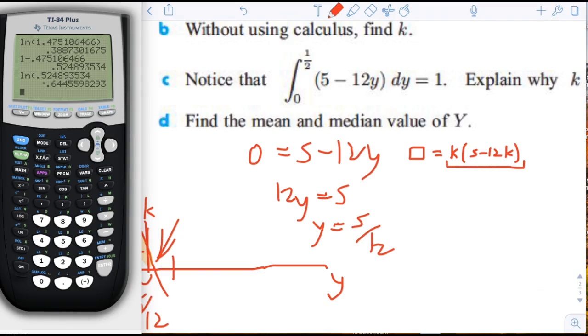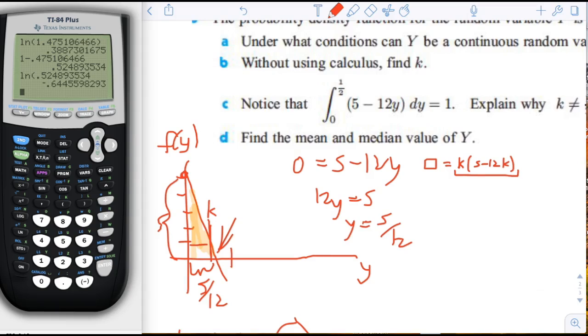And then the area of the triangle on top of it is also going to be 1/2 times k times 5 minus 5 minus 12k.